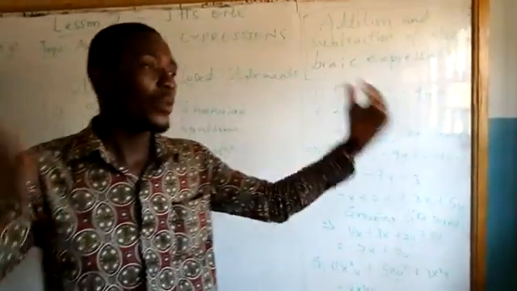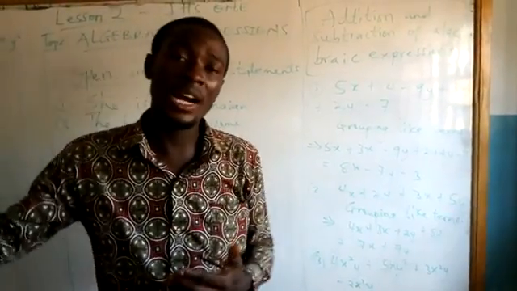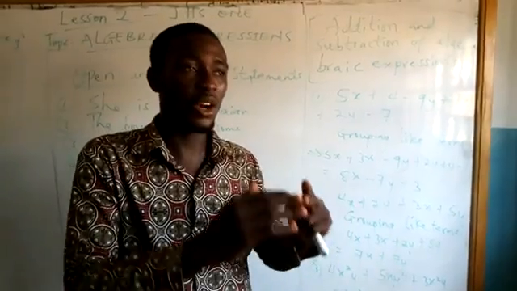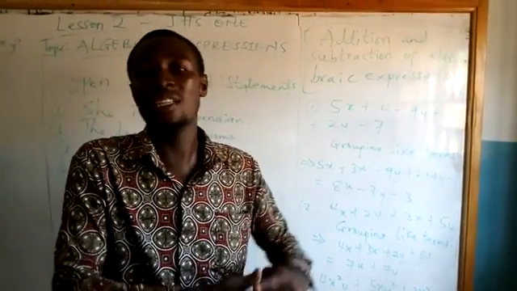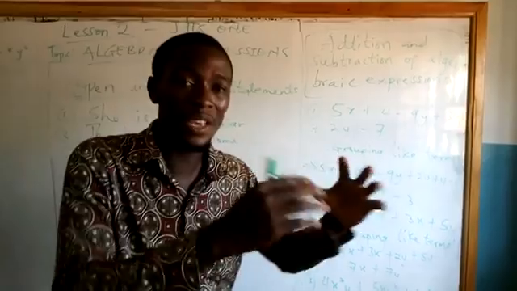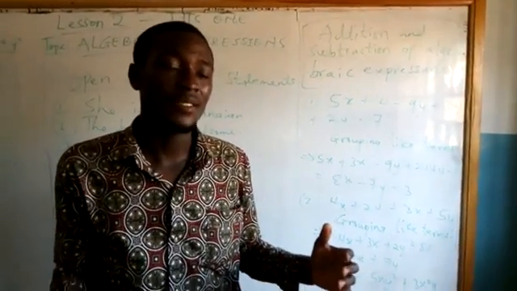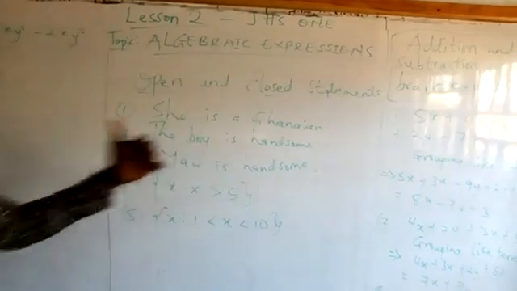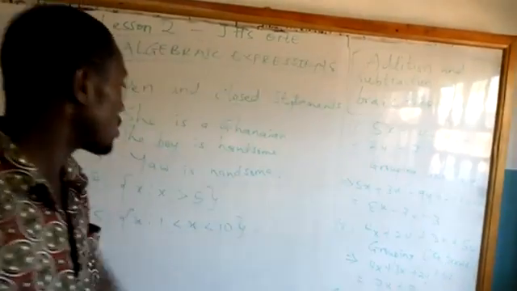We know how it's starting and how it is ending. And closed statements always address a particular entity, or they give a range of numbers, unlike the open statements.